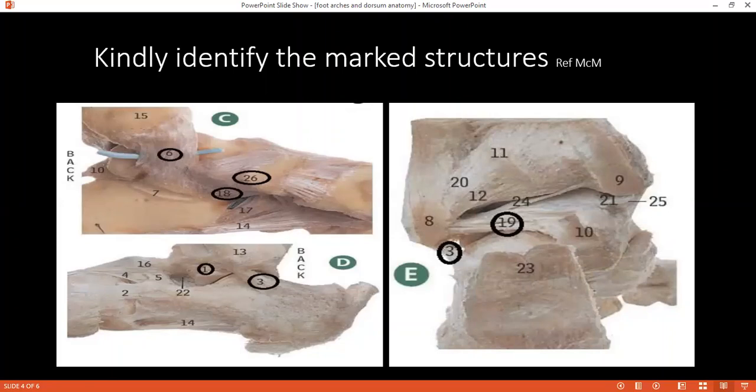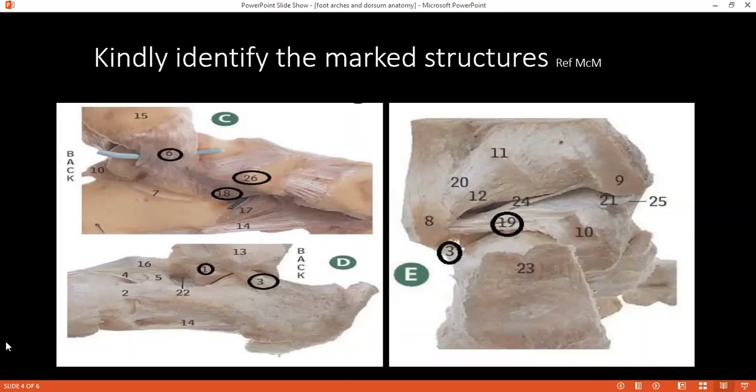Can you identify these structures in picture C? Number 6, that is the deltoid ligament. 26, that is the tuberosity of the navicular bone. 18, calcaneonavicular ligament. Okay, and in D, can you identify 1 and 3? One is the anterior talofibular ligament, and three is the calcaneofibular ligament.